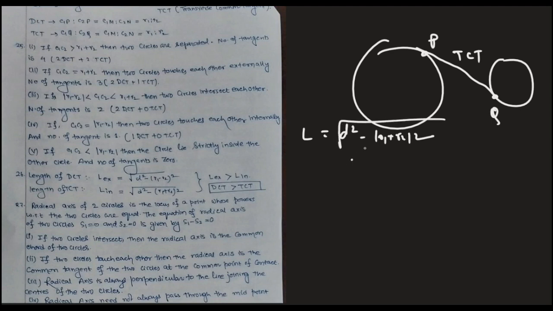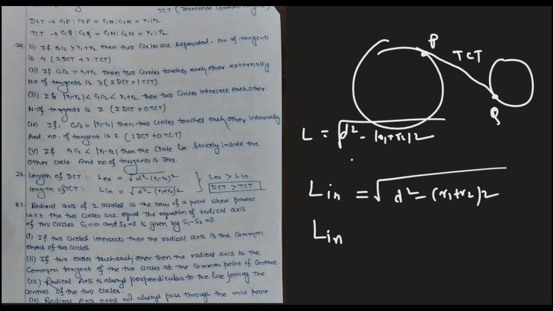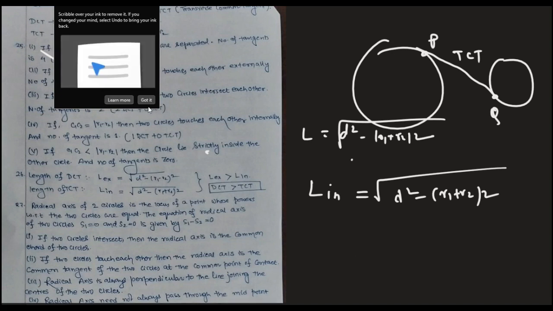Now in case of the transverse common tangent, the length of the inverse common tangent or transverse common tangent, the formula is this one: D square minus (R1 plus R2) whole square. The first one is known as transverse.